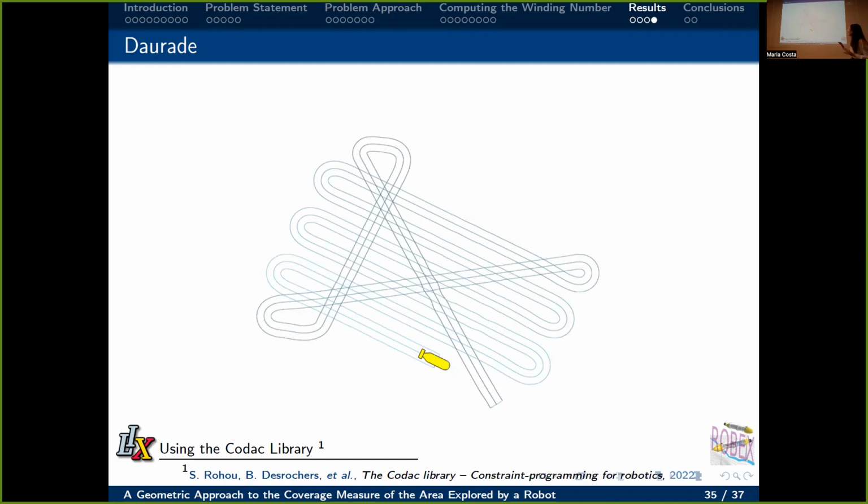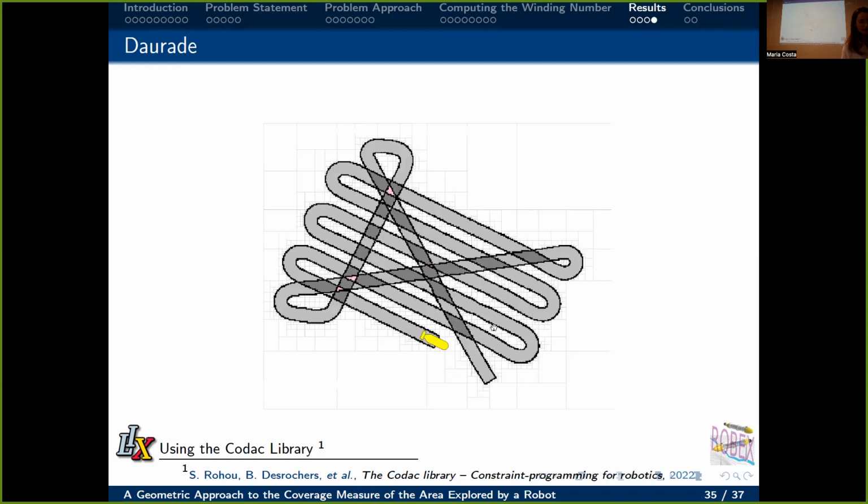You can see that the altitude of the robot was almost stable. It changes a little bit around here, but not too much. And this is the characterization that we do of the explored area. Again, we can compute this very quickly using interval analysis. So we have regions that were observed once, twice, and 3 times.